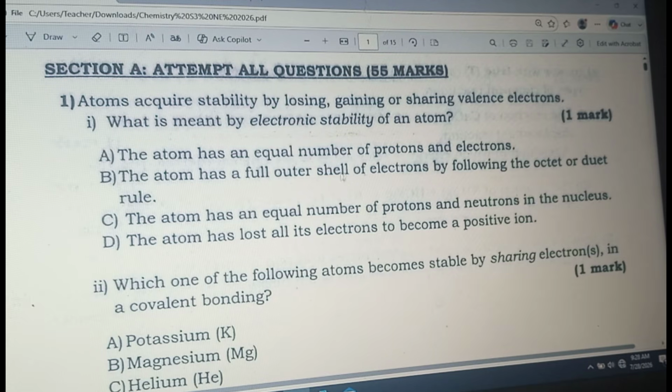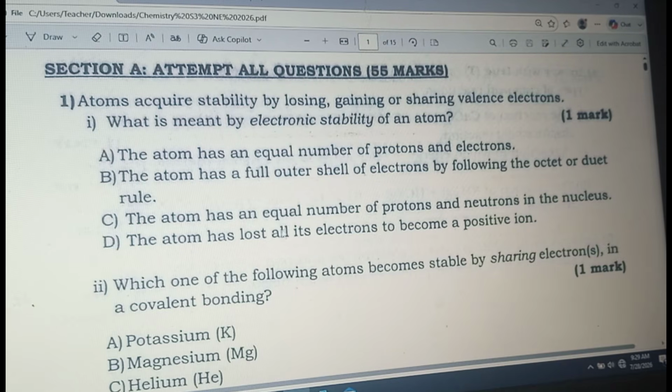Octet is like a noble gas, where the outermost shell has a maximum of 8 electrons. If an element has 8 electrons in the outermost shell, that element is stable. Or the duet rule means the outermost shell has 2 electrons, for example helium. Do you understand? Okay.